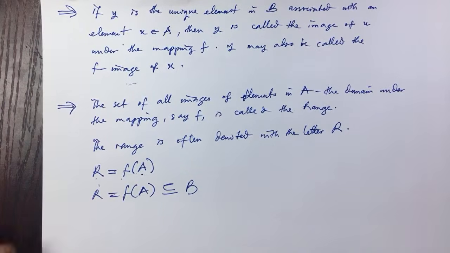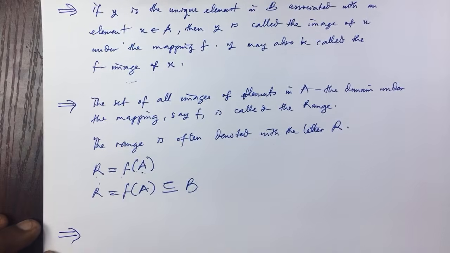Okay? Now, the next thing I want to discuss is an arrow diagram. So, usually for us to represent a mapping pictorially, we use what is called an arrow diagram.